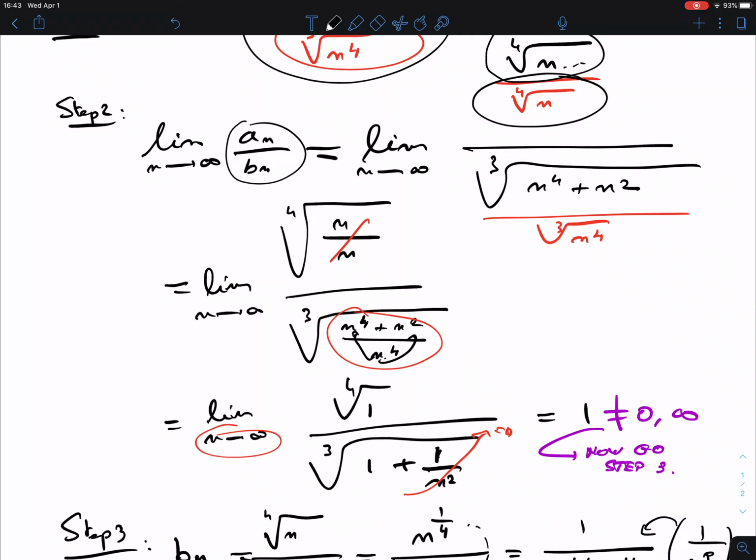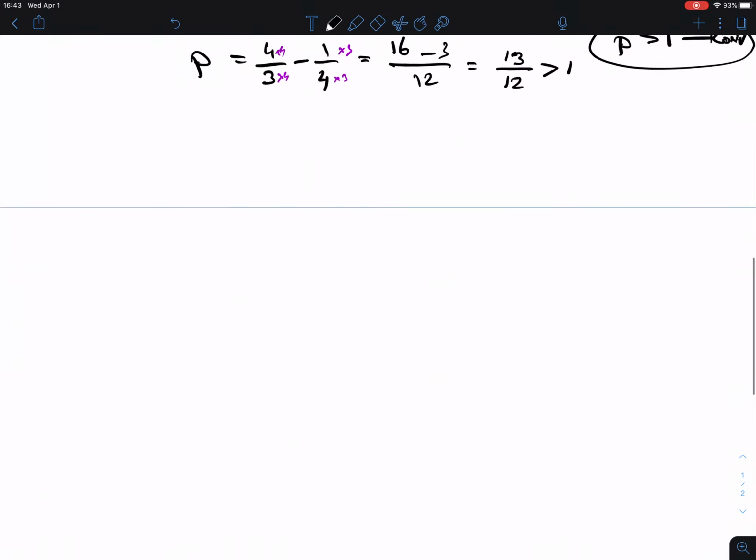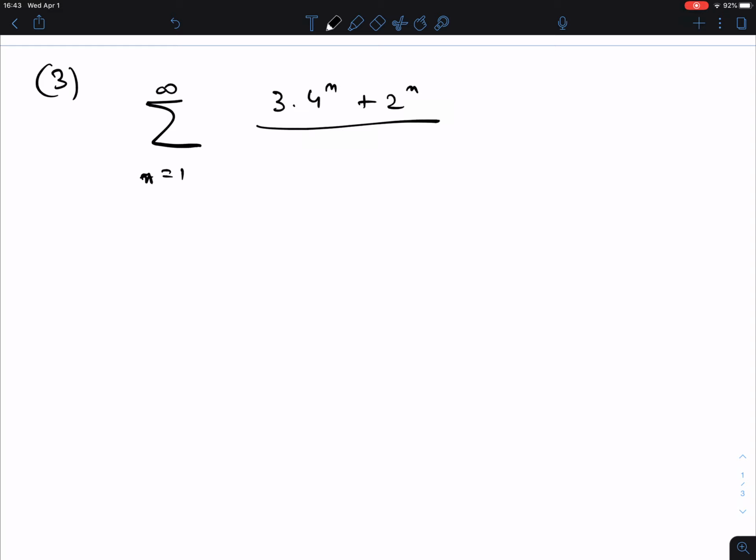Okay. So now the example that I gave you, there are no good examples in the textbook, so I made some extra ones on the extra sheet, and that was number 3 from the homework problem sheet. I hope you found the sheet there. I'm going to copy it. 3 times 4 to the n plus 2 to the n, divided by 3 to the n plus 5 times 2 to the n.